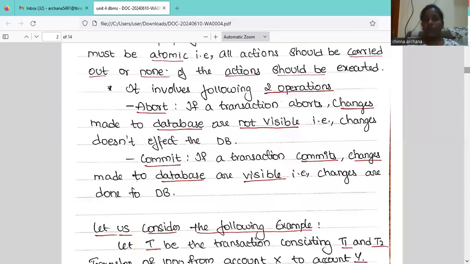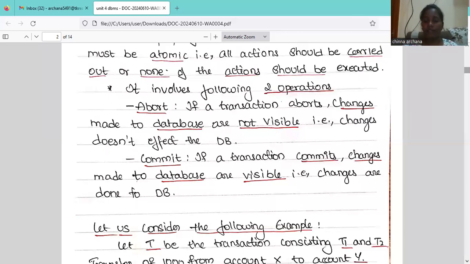The abort function is used whenever the transaction is stopped due to any system failure. Now, whatever changes are to be made to the database with the help of this transaction are not being done on the database.